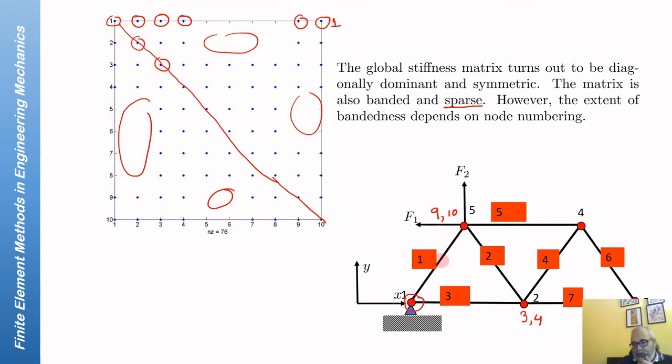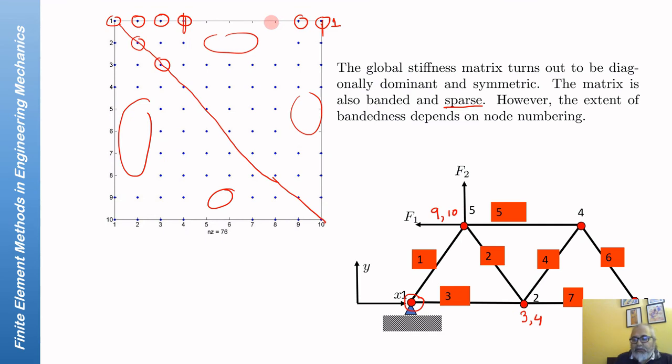if this were not connected to node number 1, then this matrix would have gone only up to here, because it's connected to a maximum degree of freedom number 4. Since it's also connected to node number 5, which has degrees of freedom 9 and 10, it's extending all the way up to here, and so 1 is connected to 10.